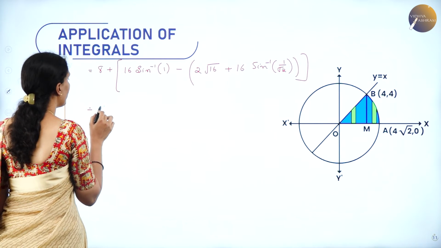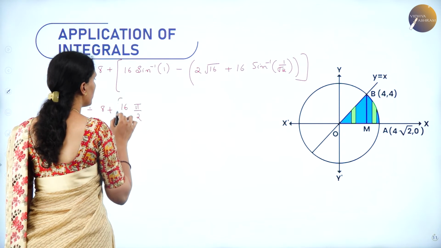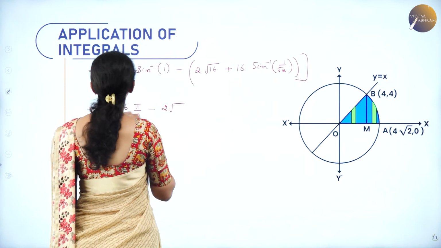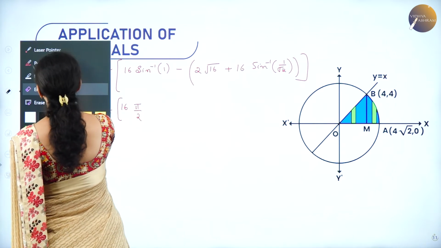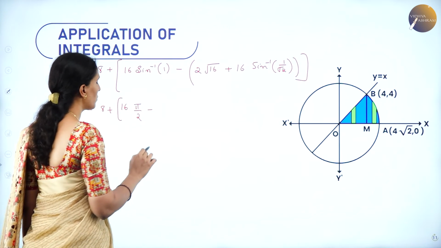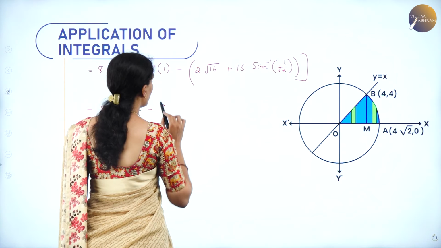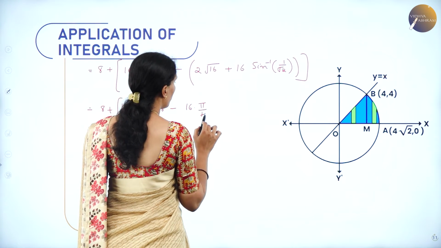Now here we have 8 plus 16 pi by 2. Next we have minus 2 root 16, minus root 16 can be taken as 4. So it is 8. Next we have plus into minus, minus 16 into pi by 4.